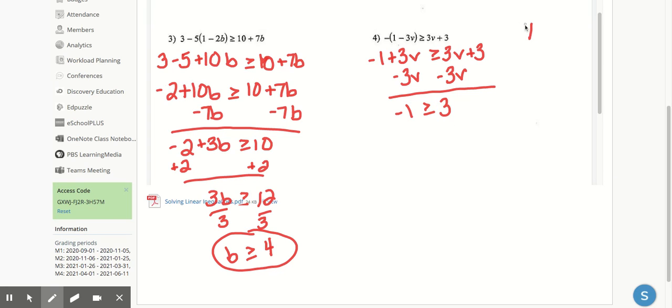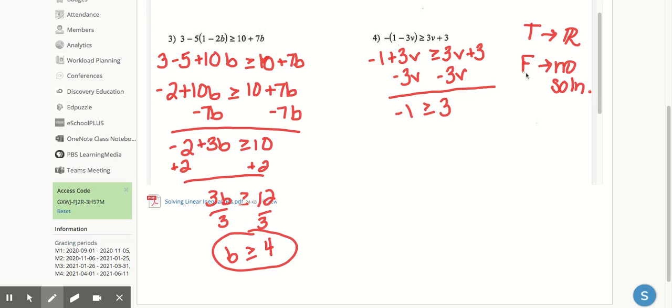If the statement is true, that tells us that our solution is all real numbers. If the statement is false, that tells us that we have no solution. Again, this is our symbol here for all real numbers. So that would mean that any number we plug in for v here is going to give us a true statement.